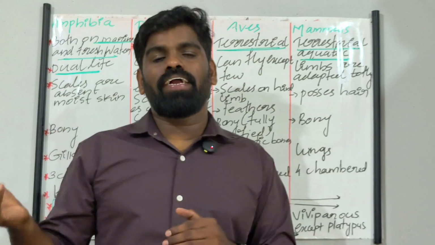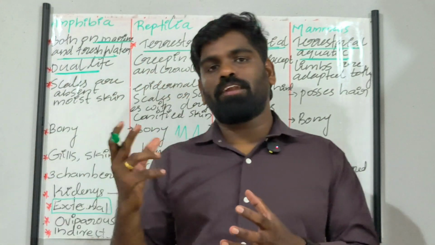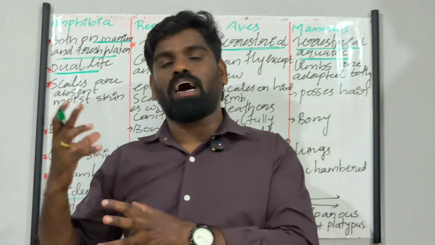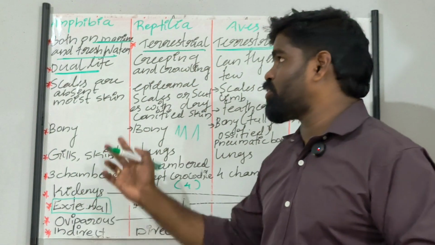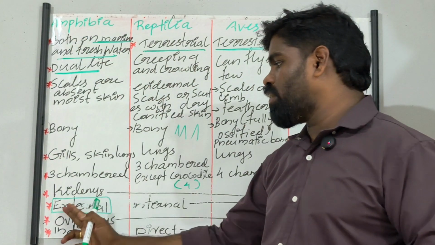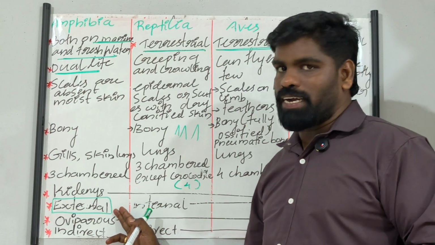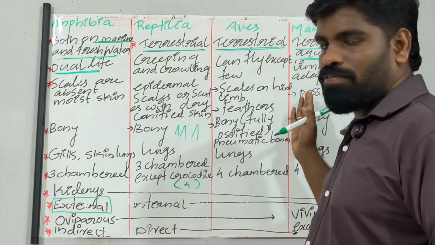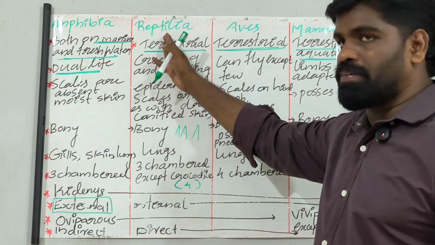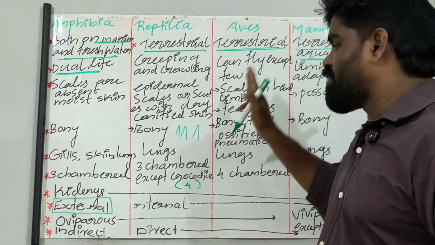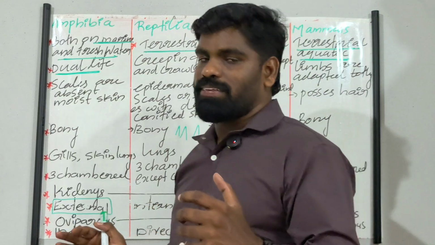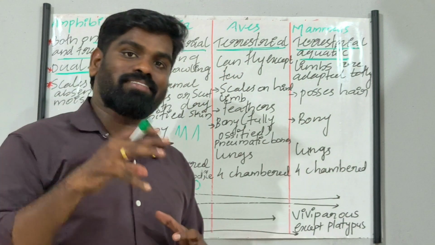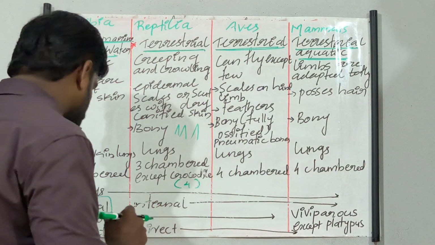So, external fertilization, fusion of male and female gamete, takes place outside the body of the organism. That is external fertilization. So, amphibia have external fertilization. All the other classes like reptilia, aves and mammals have internal fertilization. That means fertilization which takes place inside the body of organisms.